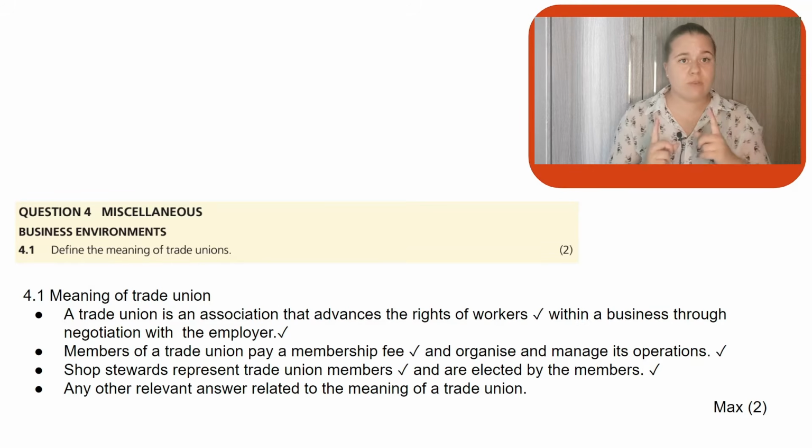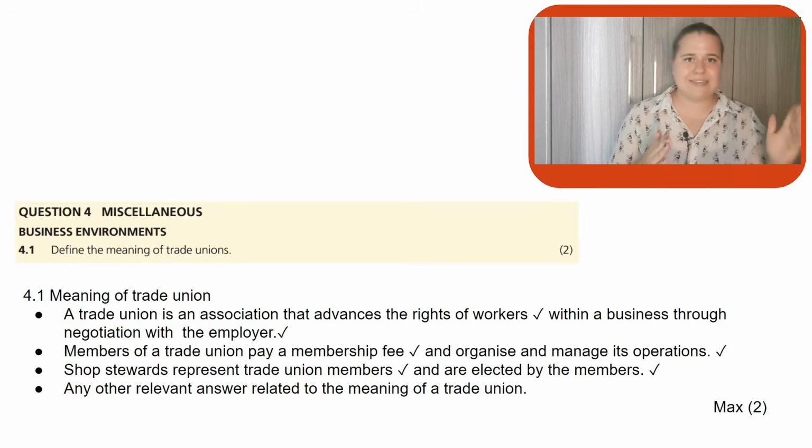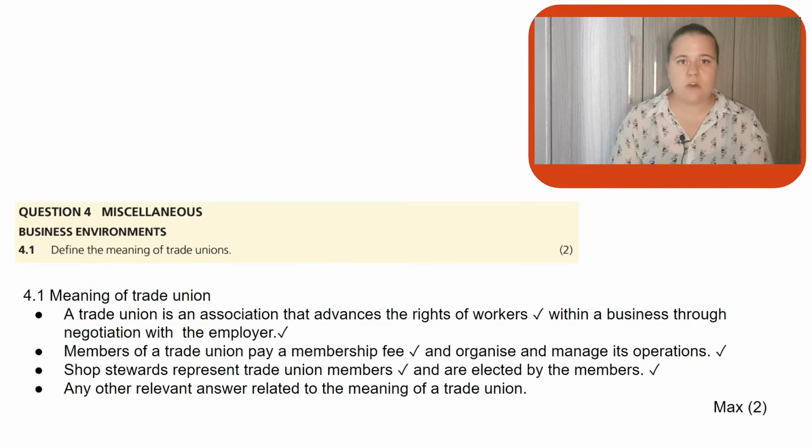And then with the voice, we can remember the negotiation between the two. So just be very careful: if it's not according to the notes, you're not going to get the marks for it. We do look out for keywords, but something like that is going to be wrong because it's not that it becomes a voice for the employees. So just be very, very careful when studying it like that.